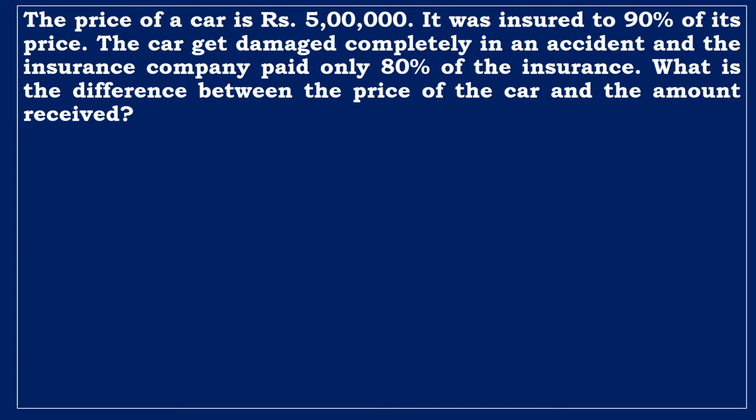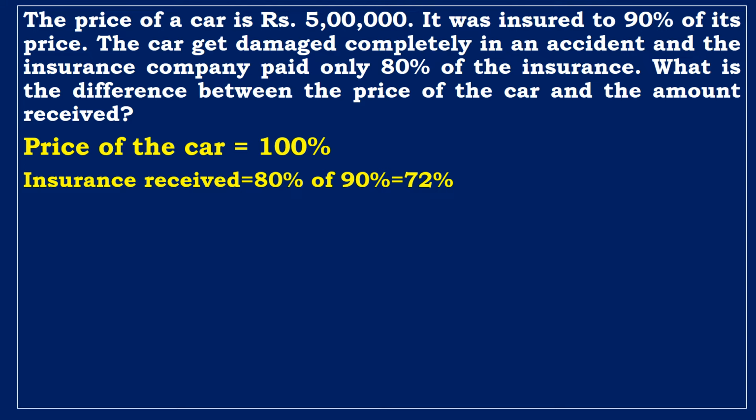Let us consider the price of the car is 100%, which is 500,000 rupees. It is insured for 90% of its original price. After an accident, the insurance company only paid 80%, which is 80% of 90%, is 72%.